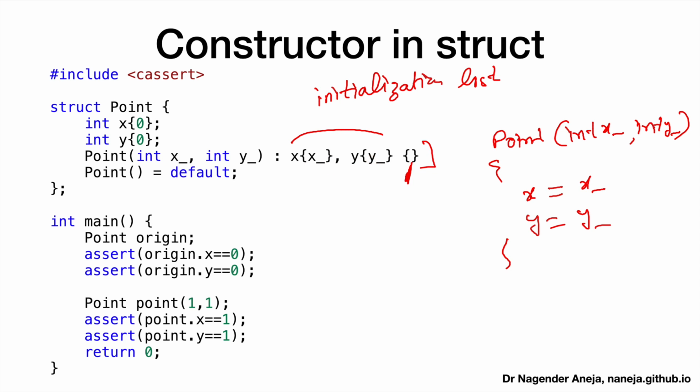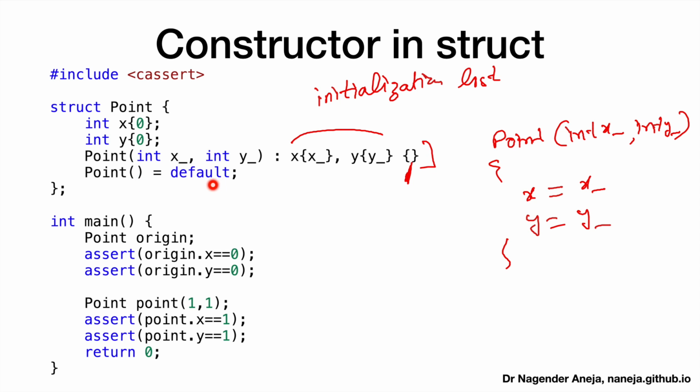And another thing: if we have created our own constructor that takes two values, and in case we want to use the default values, then we can also say Point, and if the point is created without any values, then we are going to use the default constructor.